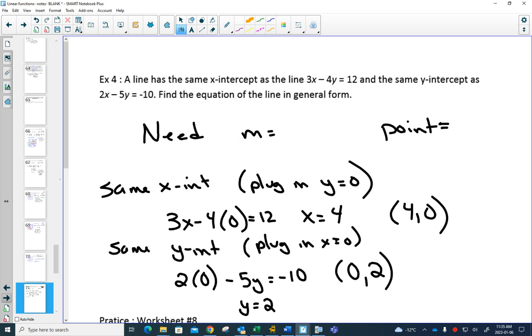Which point would you use for your point if you had to choose between those two? They're both positive. I would probably choose this one because, as a shortcut, it's your y-intercept, so you would know your b value already.